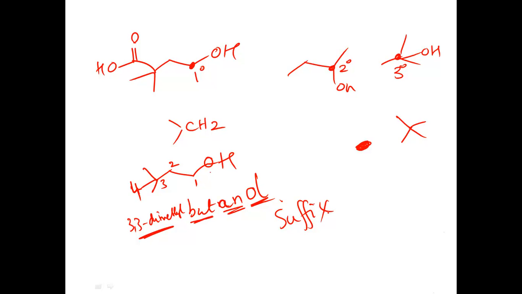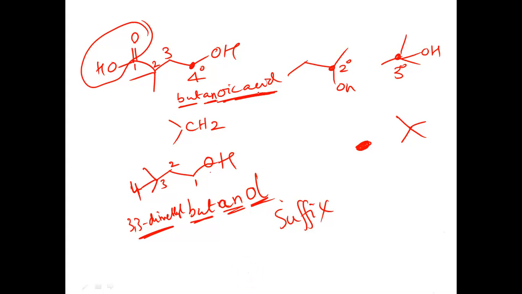And in this case, your numbering starts from here, and then you name this as a carboxylic acid. It has a different functional group, which is at a higher oxidation level than the hydroxy group, so hydroxy becomes a prefix instead of a suffix. So let's number this 1, 2, 3, 4. Here this is oic acid, so the suffix for the carboxylic acid is oic acid, and butanoic acid because oic acid is for the functional group.